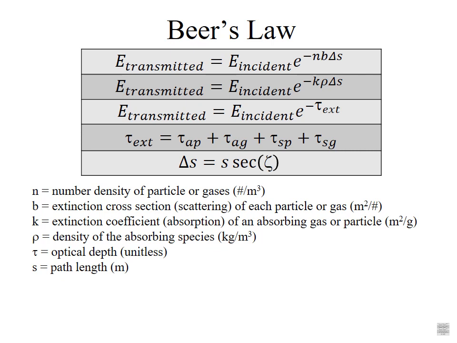So 1 over the cosine of 0 is equal to 1, and so you'll end up with the value of S for a directly overhead sun. But as the zenith angle increases, the path length will increase commensurately until you end up with a zenith angle of 90, at which point you have an infinite path length.